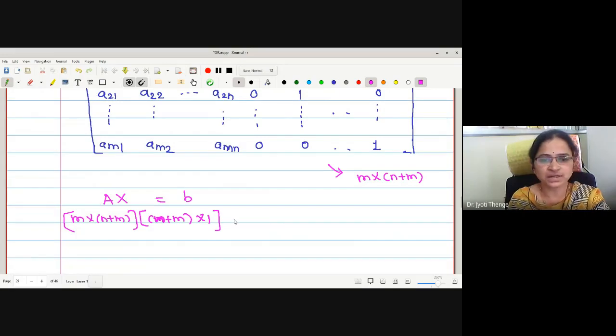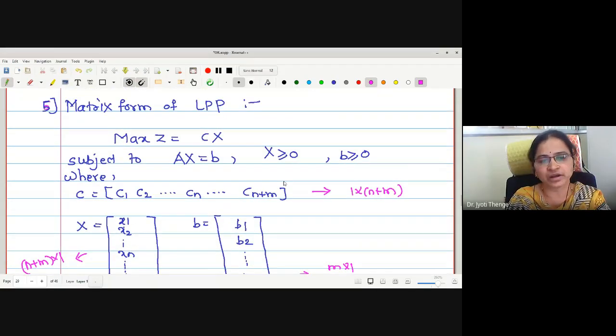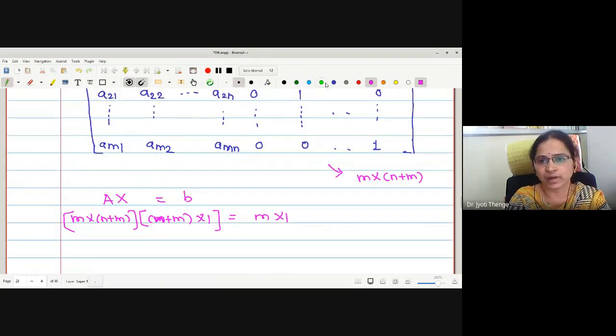And what should be the resultant order then? M cross 1, which is nothing but the order of our B, m cross 1. Is it clear to everyone? Matrix form of LPP, how the matrices are written: C is the row vector, X and B are the column vectors, and A is the rectangular matrix. Let us proceed to the next point.